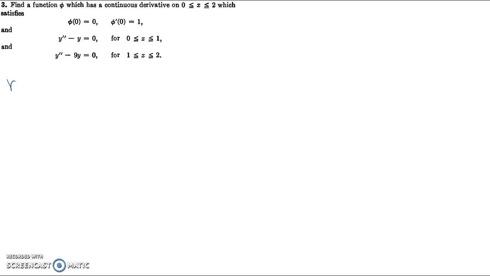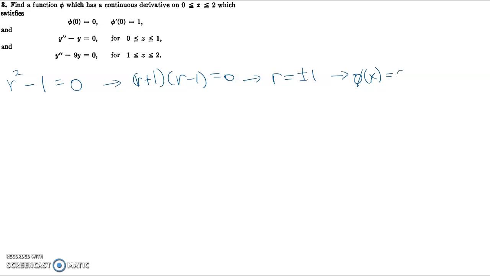This first given is r squared minus 1 equals 0, and this is r plus 1 times r minus 1 equals 0. So r is plus or minus 1, which also gives us that we can write this as c1 e to the power of x plus c2 e to the power of negative x.